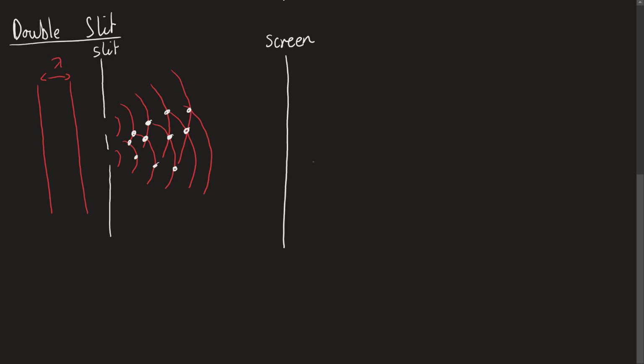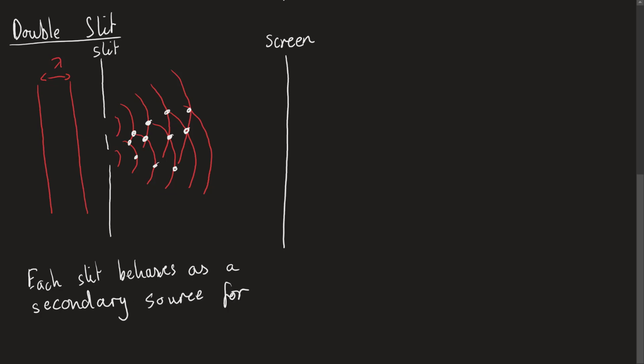So you're going to get a lot of interference, and so what we see on the screen is going to be slightly different, because each slit behaves as a secondary source for waves. Even though we only have one source, which is the laser still providing all of this light, when it passes through two slits, both of these slits now act as if they are the new emitters of light. This is a consequence of Huygens' principle that we're going to look at in just a bit.